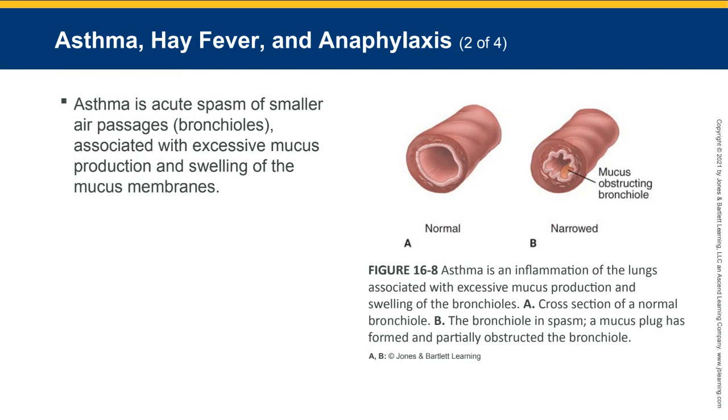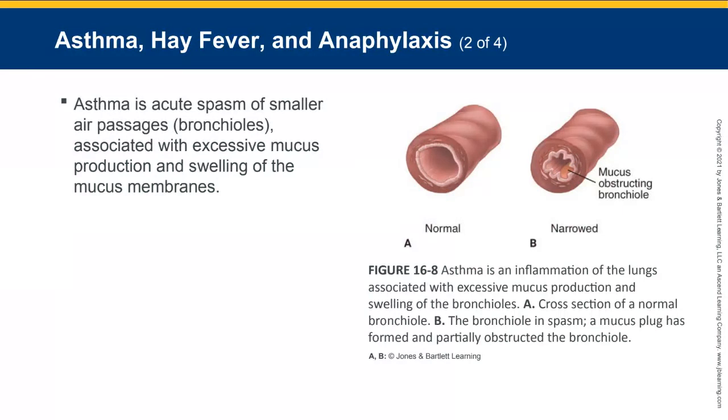So three things will occur in your asthma patient: bronchoconstriction, swelling, and mucus production. These three problems will need to be addressed. Not all will be addressed by you, but they will need to be addressed in the hospital setting.